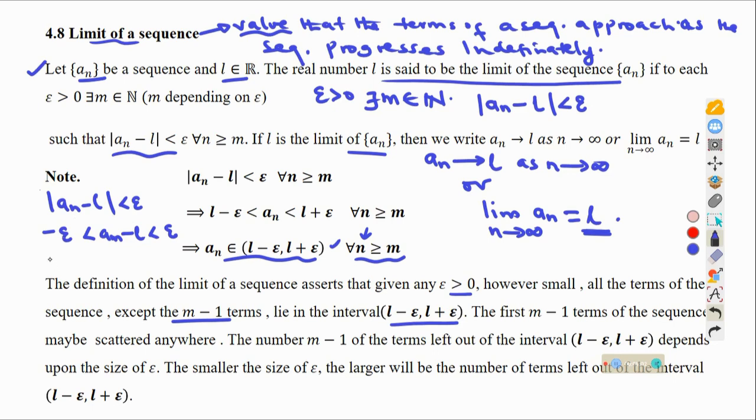So when you take L this side, it becomes L minus epsilon is less than a_n, which is less than L plus epsilon. So the terms that will be satisfying this given range of L minus epsilon and L plus epsilon will be for all n greater or equal to m. So that will be the definition of the limit of a sequence.